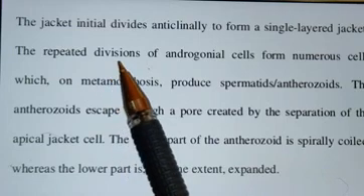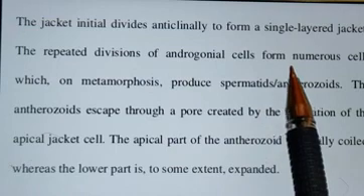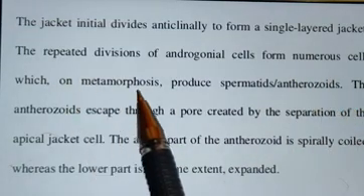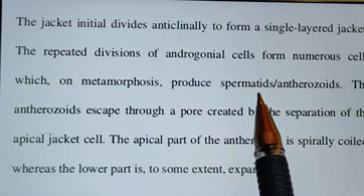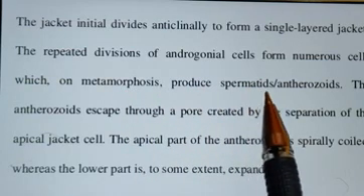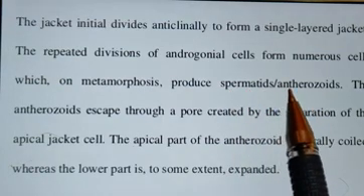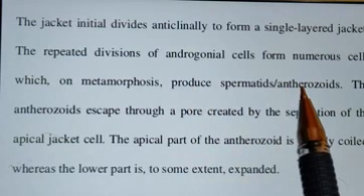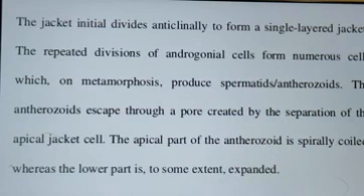Repeated division of androgonial cells forms numerous cells which, on metamorphosis, produce spermatids, the anthrozoids. Spermatids means sperms or anthrozoids. Anthrozoids means flagellated spores which are responsible for fertilization.